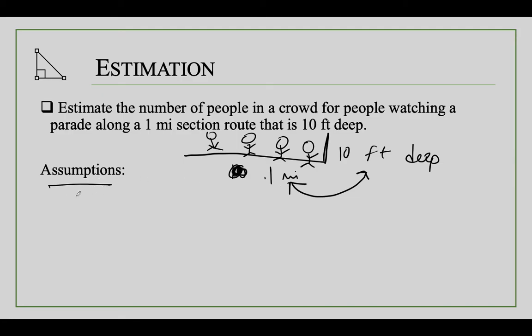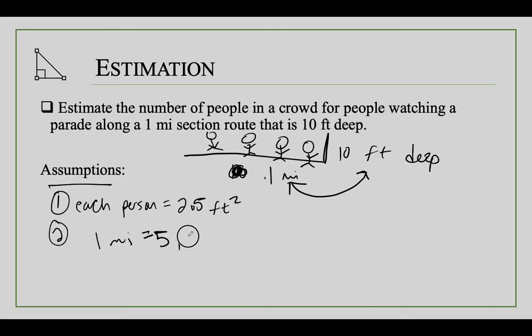And that assumption is that number one, each person equals 2.5 feet squared of area. And then two, that 1 mile equals 5,280 feet. So now I feel a lot better because I can answer this problem.